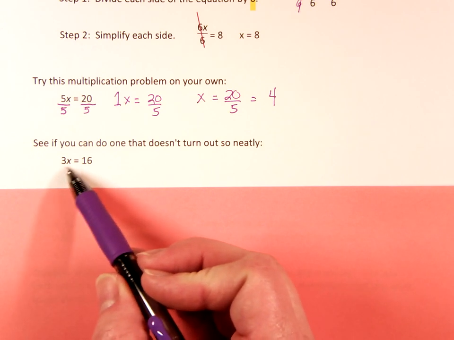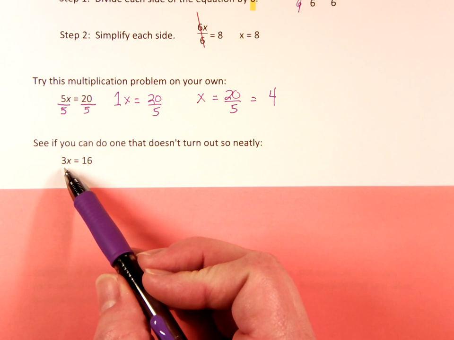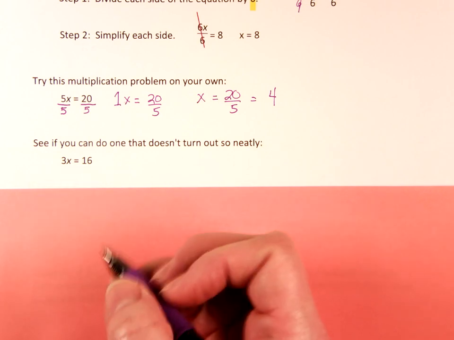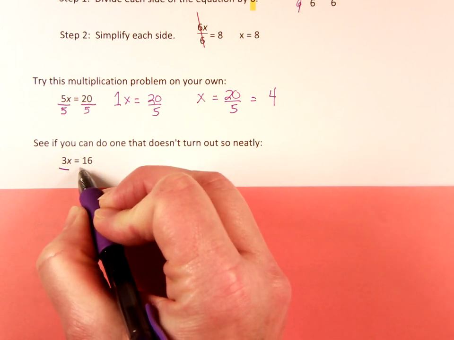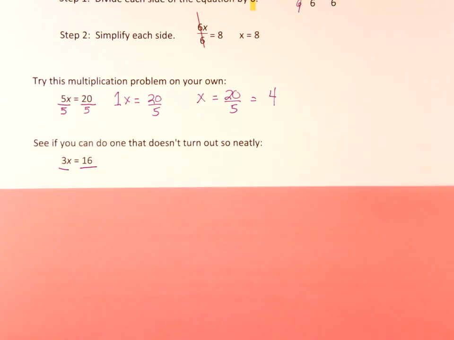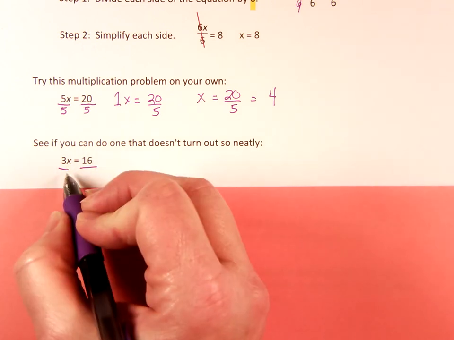What does this mean? That means multiplication. What's the opposite of multiplication? Division. Divide each side by some number. What number do you pick? 3. Because that's the one that is stuck to my x.